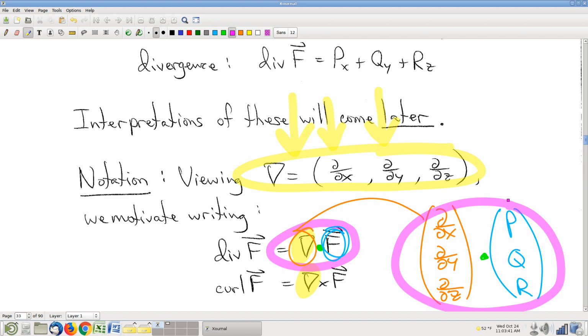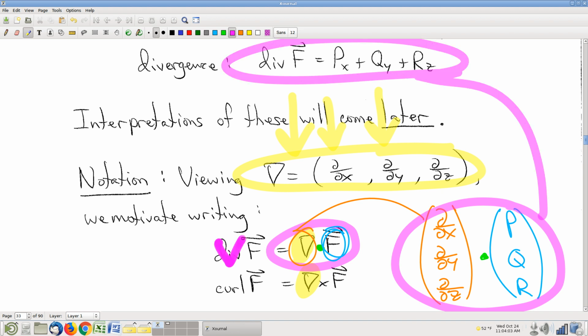This isn't really a vector. The partial with respect to x is not a number. It's an operator. So with that in mind, if you would interpret this in a reasonable way, how about this of that, this of that? Do the dot product the way it would seem reasonable to do it, and notice you get exactly divergence. It just works out. How convenient.